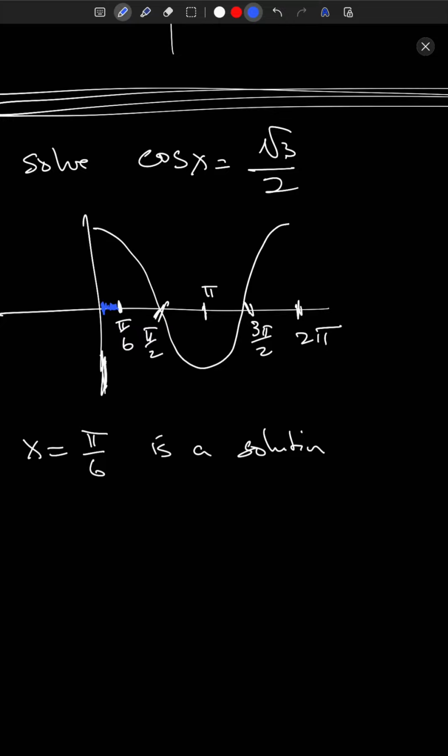Okay. Now I look at this picture. Let me go up to here. This is going to be a height of √3/2. And if I draw a horizontal line, I see that I'm going to get another solution on this side right there.